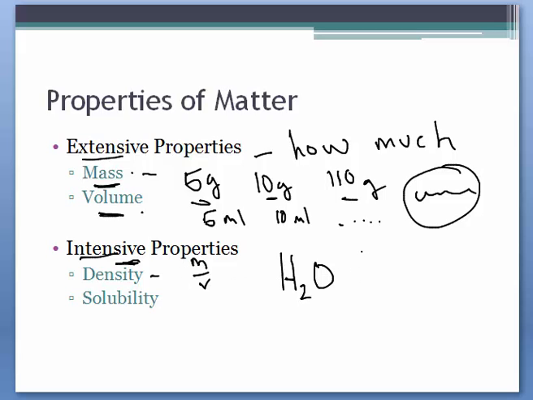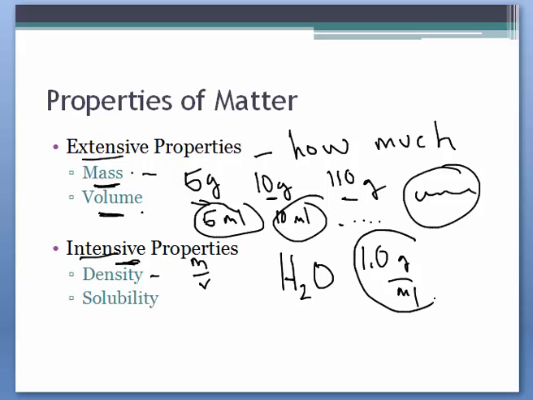But the density of water is 1 gram per milliliter, regardless if you have 5 milliliters, 10 milliliters, 100 milliliters, etc. So regardless of how much water you have, the density is always the same. It's 1 gram per milliliter. So that makes density an intensive property.